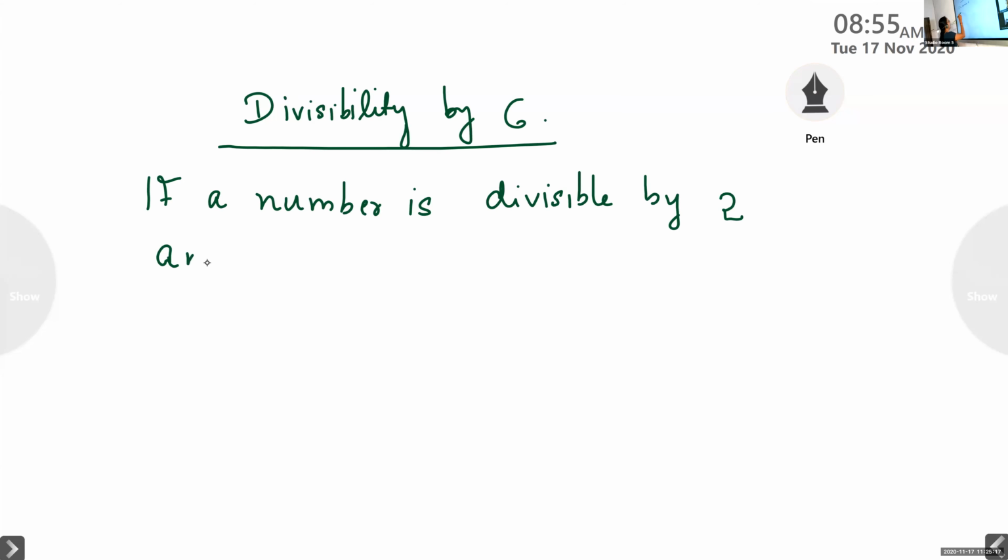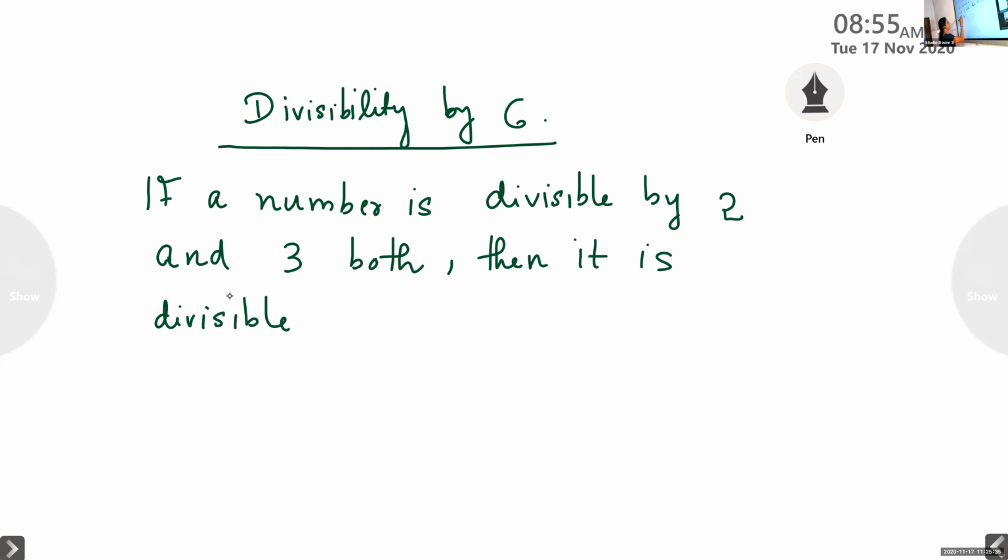If a number is divisible by 2 and 3 both, then it is divisible by 6 also.